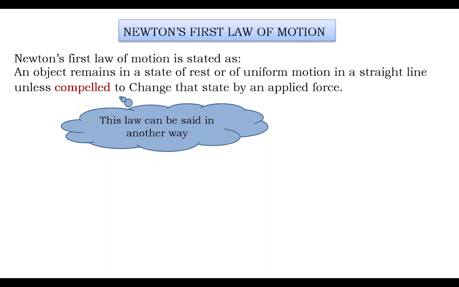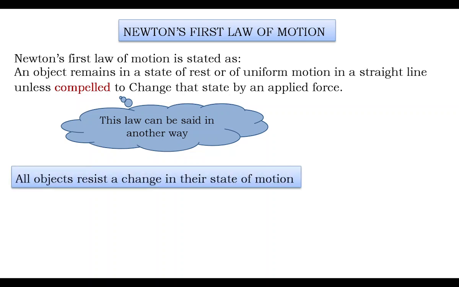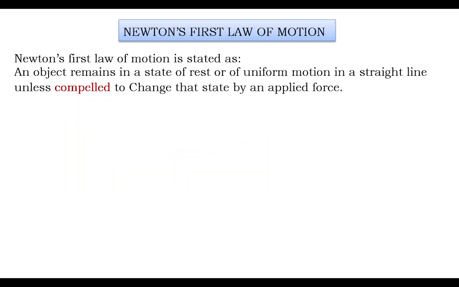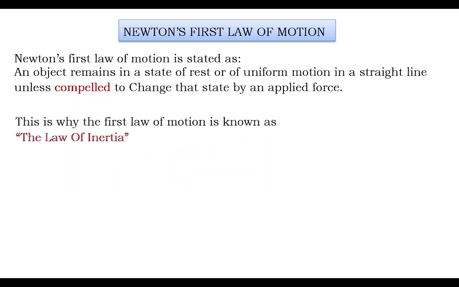We can say that about this law in another way. As I was telling you, all objects resist a change in their state of motion, and resist means we have discussed in inertia, right? Resist is nothing but inertia. So Newton's first law of motion can also be stated as the law of inertia.